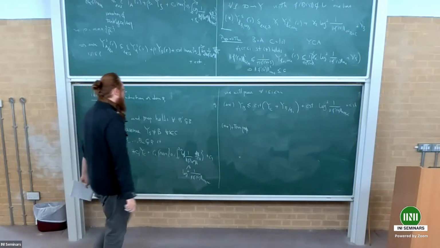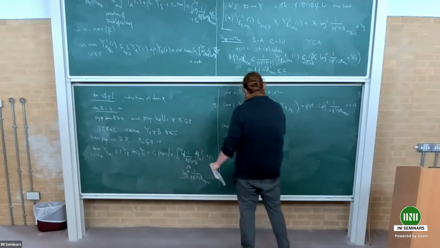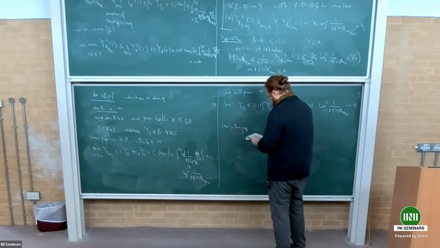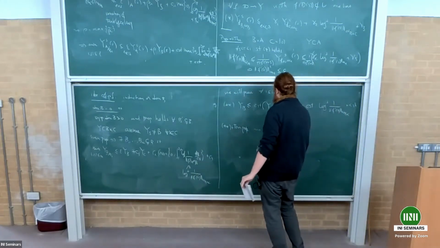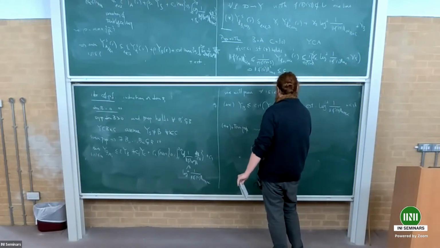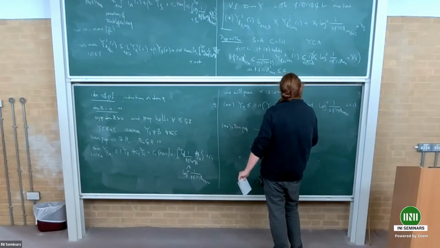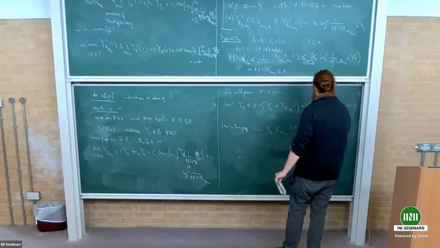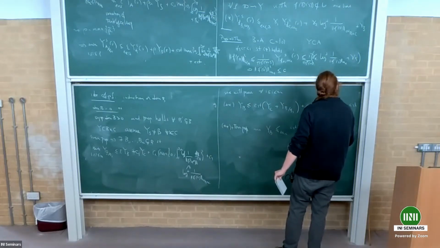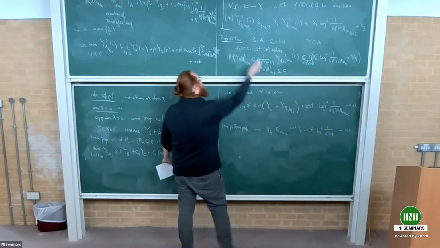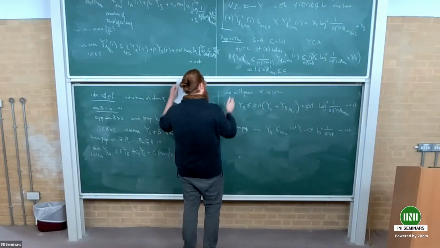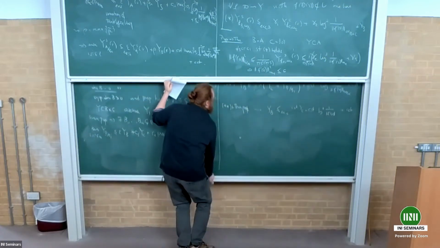Then you just put everything together, and it gives exactly what you want: that yb is smaller, outside some exceptional set, than some constant times yc plus some constant times log plus of 1 of f prime 0 plus some constant. And then you just have to prove 2 star.